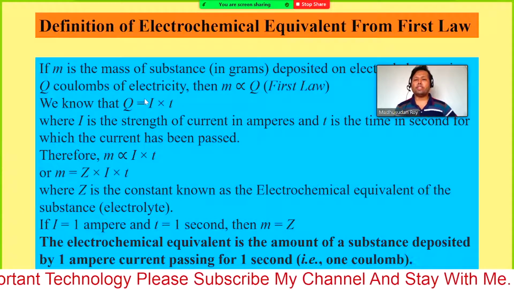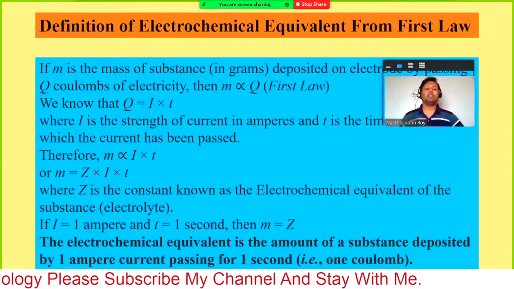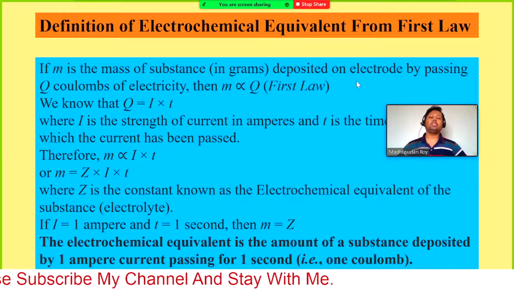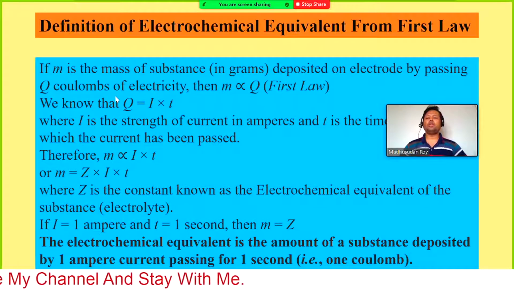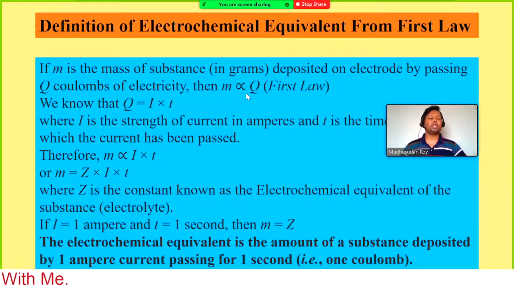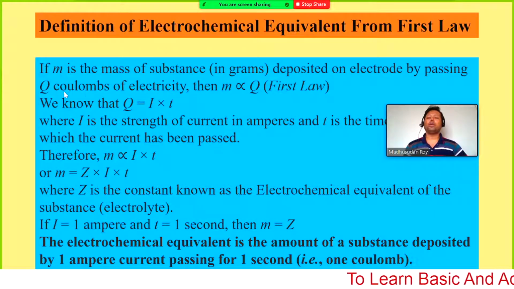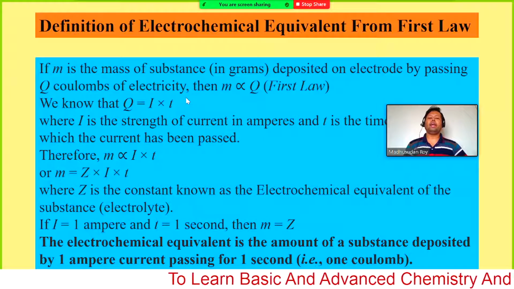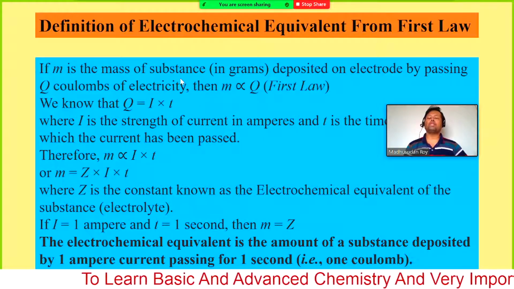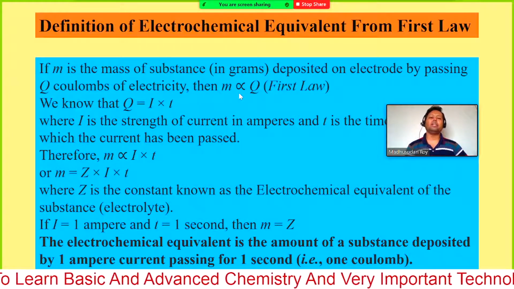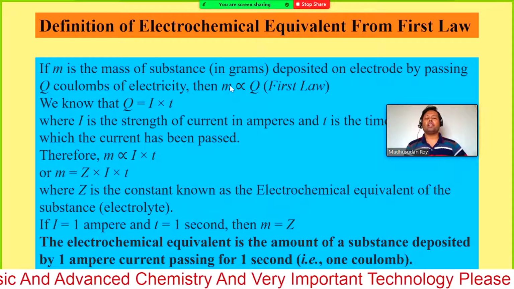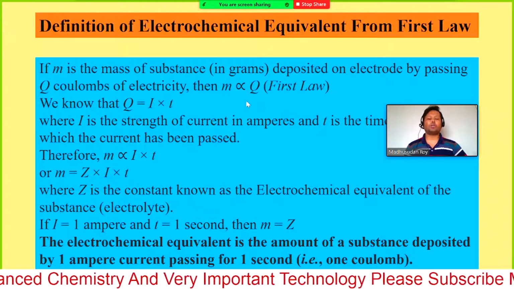If m is the mass of the substance in grams deposited on an electrode by passing q coulomb of electricity, then m is proportional to q. Already I have mentioned that if q coulomb of electricity is passing through the electrolyte and m amount of substance is deposited on the electrode, then m is directly proportional to q.